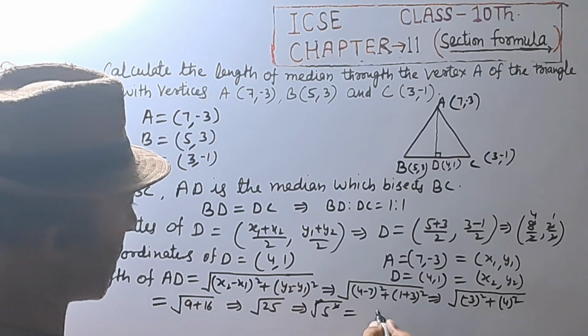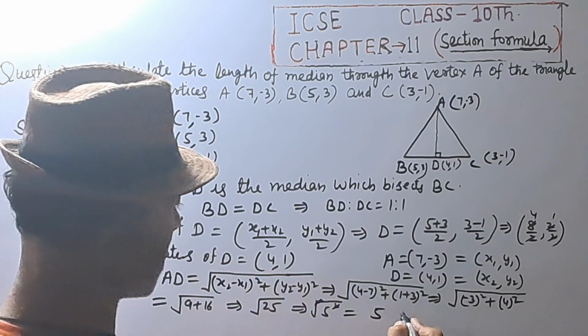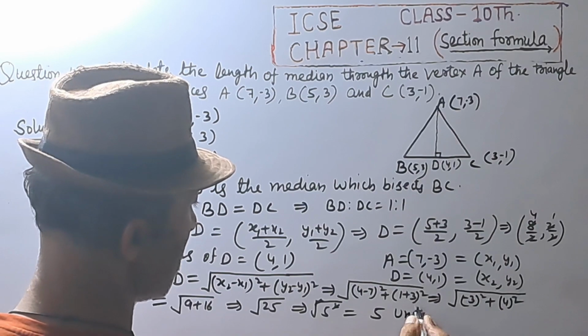Square root is cancelled, and we get the length of AD is equal to 5 units.